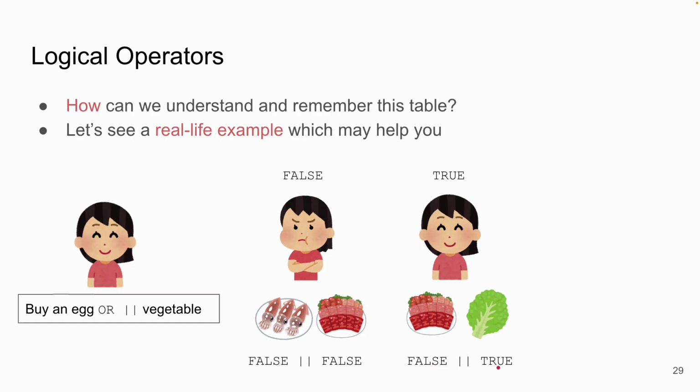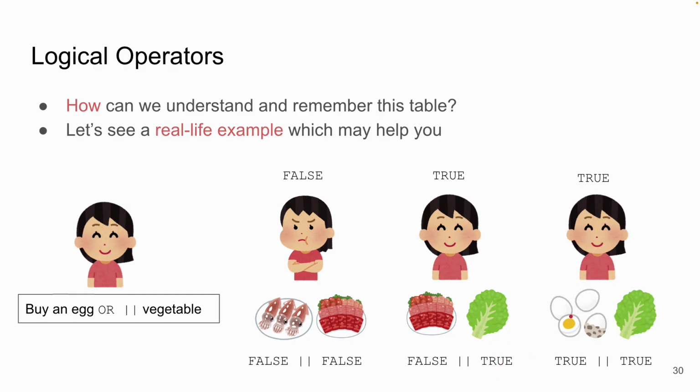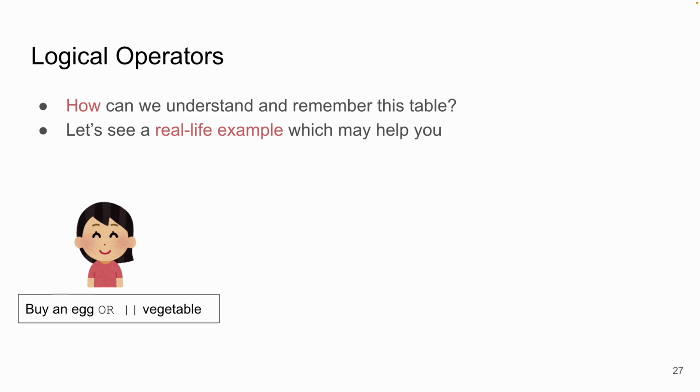So false or true will be true because at least one is true. And finally, if you buy an egg and vegetables, both things are true, then true or true will be true. Okay, so I hope this real life example can help you to understand the concept of and or.